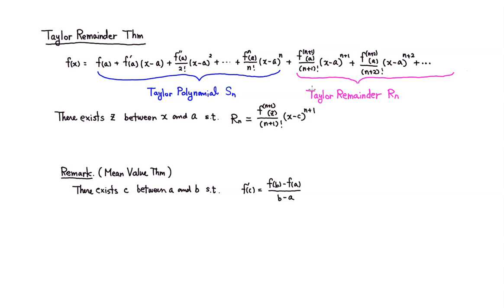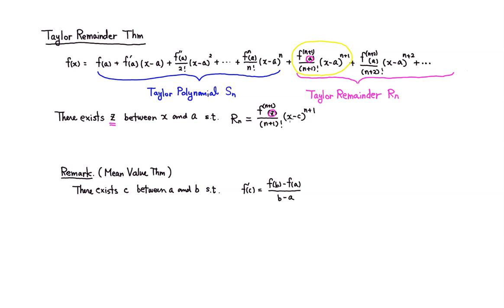So this looks a lot like the very first term of the Taylor remainder. But notice the difference: in the original one you plug in the center, but z is not the same value as a. It says there exists some number z such that the Taylor remainder can be written this way.